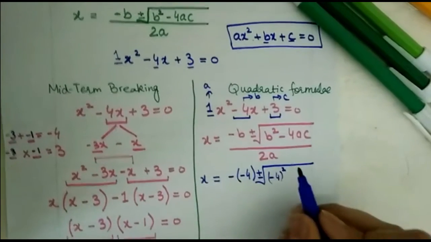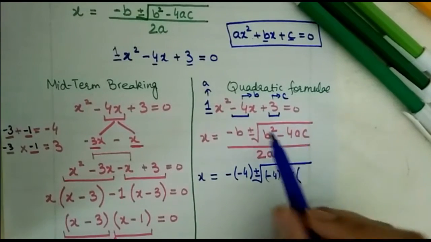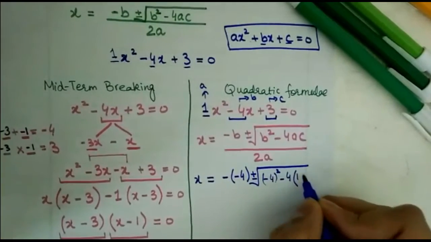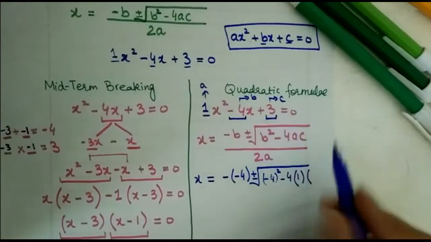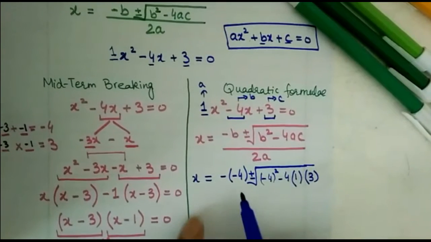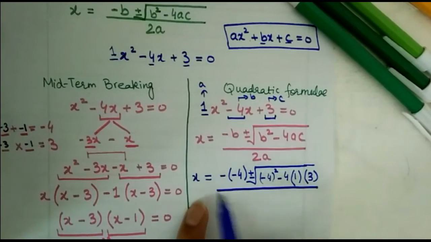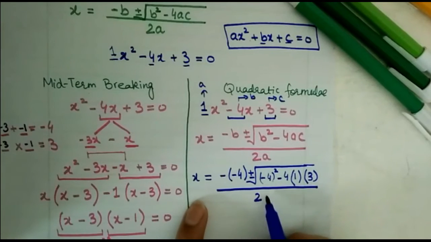Remember to use the whole square over here. Minus 4, in place of a I will write 1, and c is 3, divided by, and remember this division is for the whole terms above, 2 multiplied by a, which is 1.